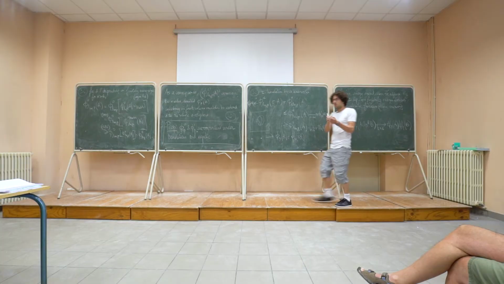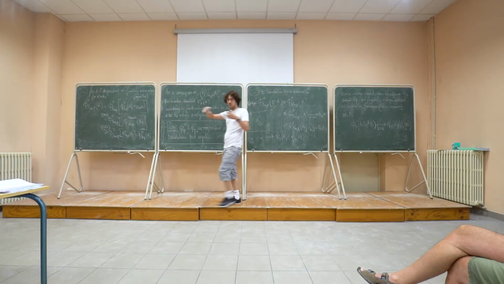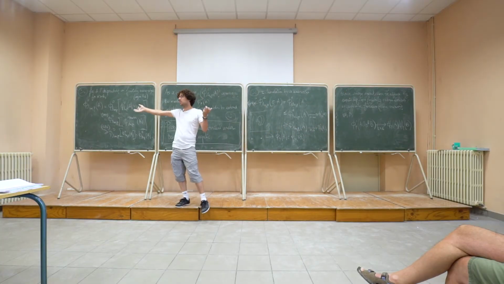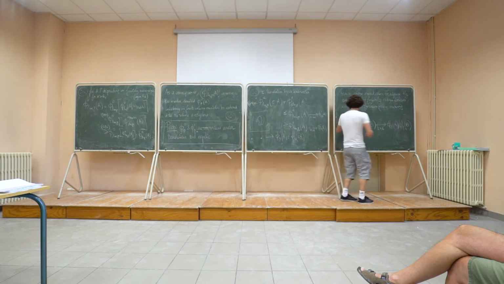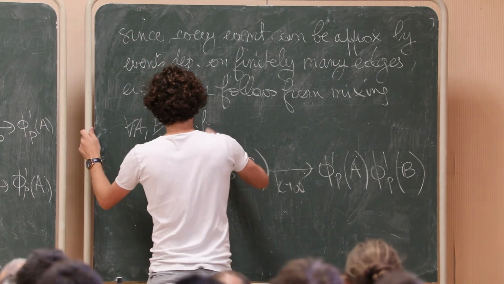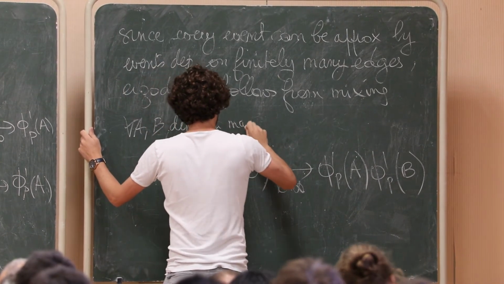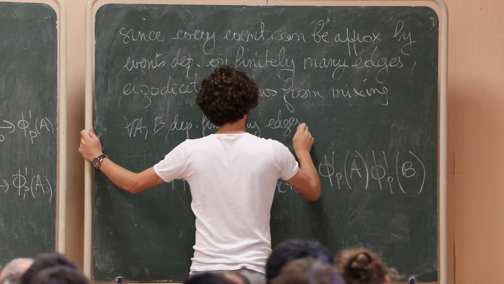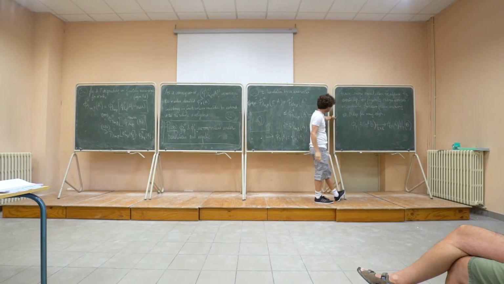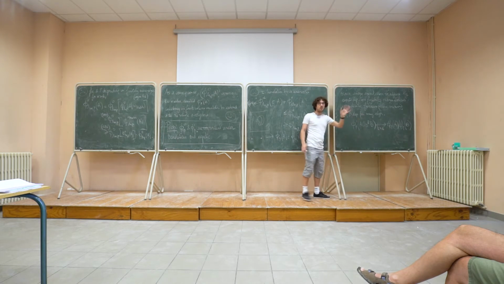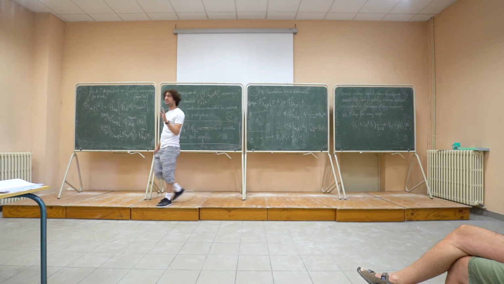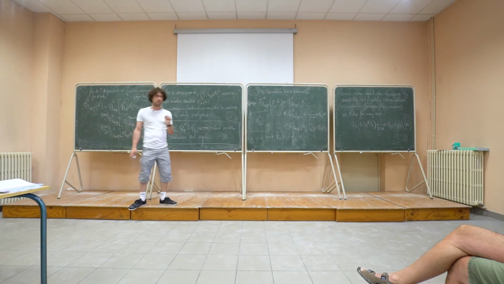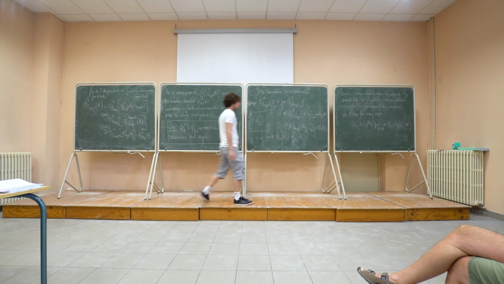If I just translate my event more and more and I look at the probability of the intersection, it converges to the product of the probabilities. Notice that this property, just by inclusion-exclusion, I can simply prove it for increasing events. It's sufficient.